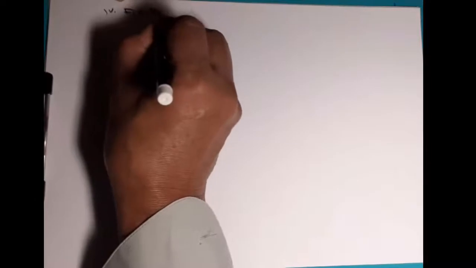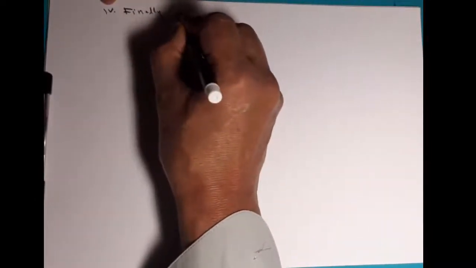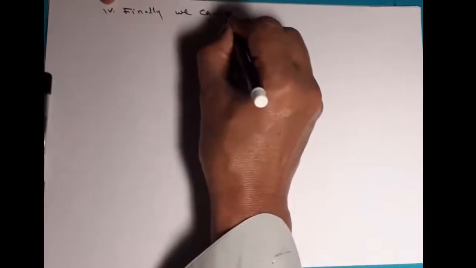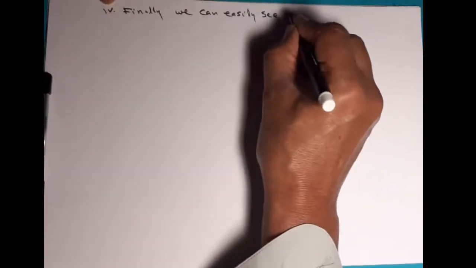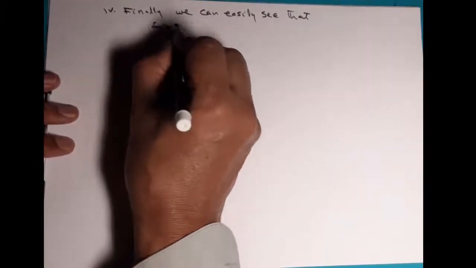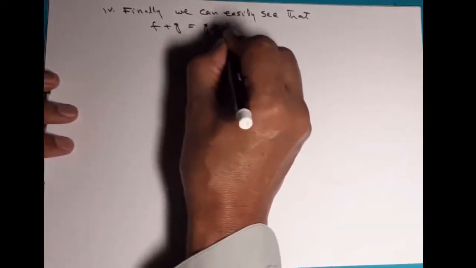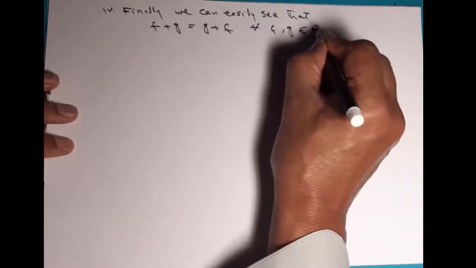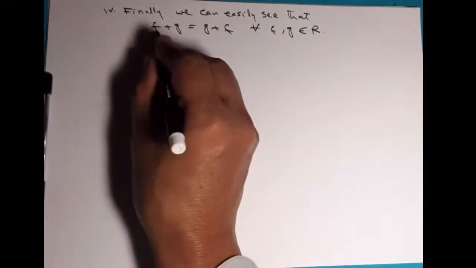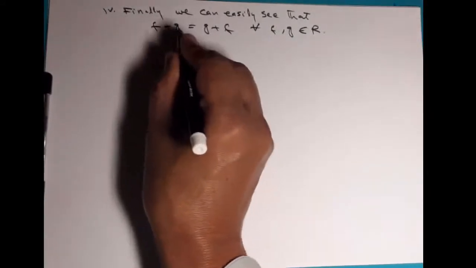Finally, we can easily see that F plus G is equal to G plus F for all F, G belonging to R. The reason is that group G is an abelian group, therefore the effect of F plus G and the effect of G plus F will be the same.